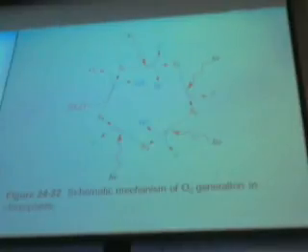Now, just in the last year, we have an improved X-ray crystallography structure, where we now have a pretty good picture of what this manganese cluster looks like. And it has 4 manganese, which are colored purple, as you can see here.